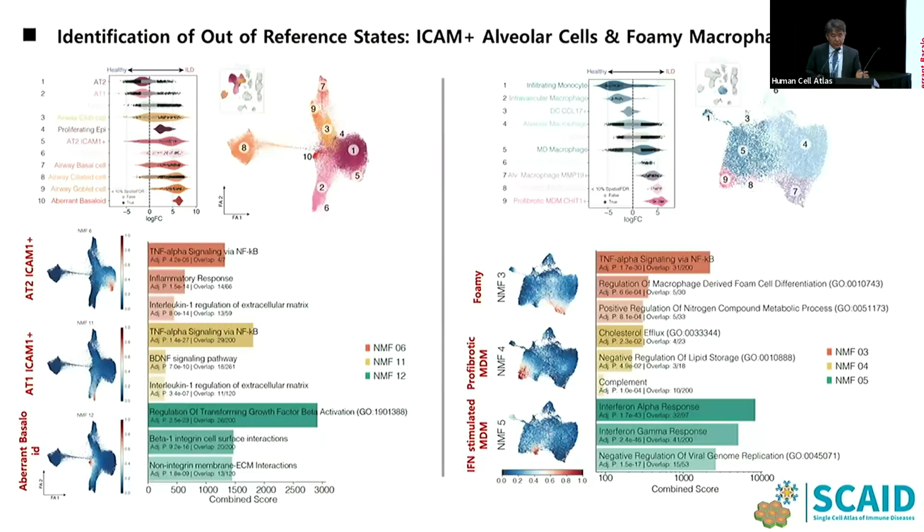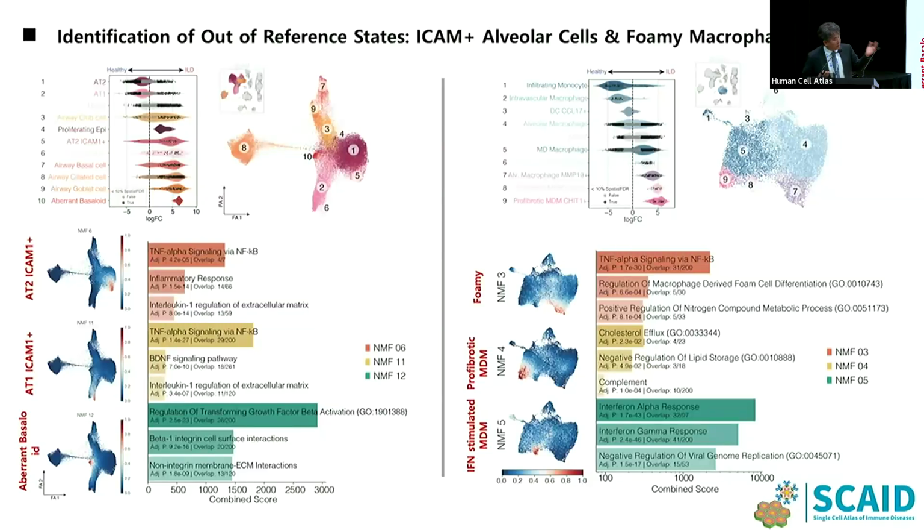And on the right side, for the macrophages, a new cluster, cluster 7, is an MMP19 positive macrophage subset, and the gene set shows gene programs related to foam cell differentiation, very similar to atherosclerosis in heart disease.